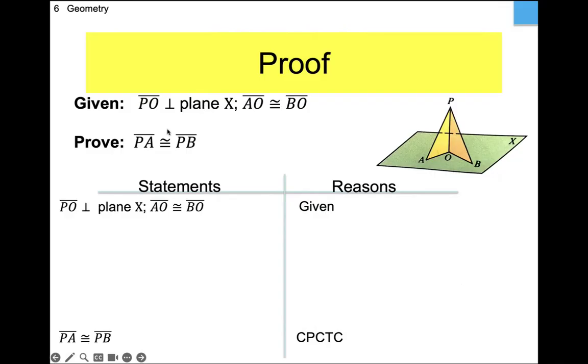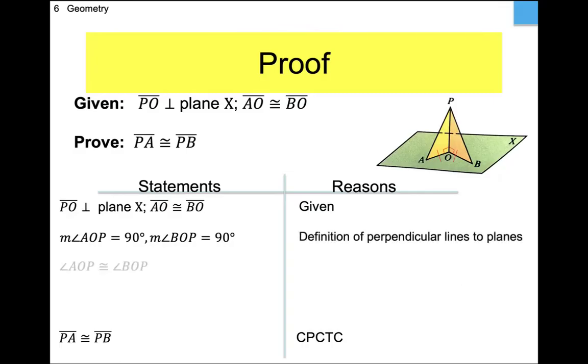If PO is perpendicular to the plane, then by the previous demonstration, we know that it forms two right angles, right? So that means that angles AOP and BOP are both 90 degrees. And if they're both 90 degrees, well, then they must be congruent to one another, right? Because they're literally equal to the same number.